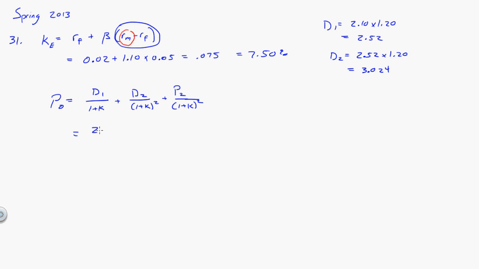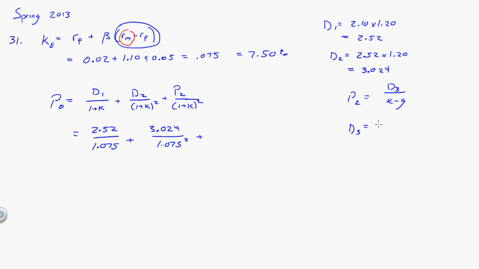So I can do that. That's 2.52 over 1.075 plus 3.024 over 1.075 squared plus, I still need P2. P2 is equal to D3 over K minus G, because now it's gone to constant growth.